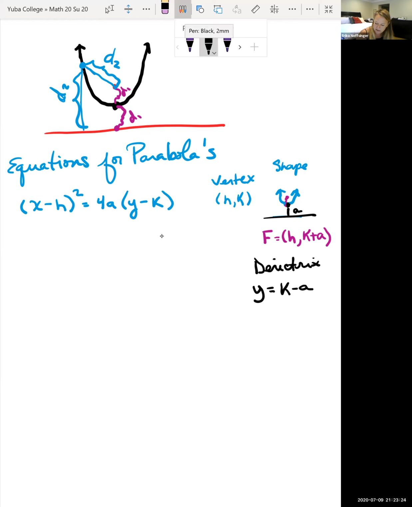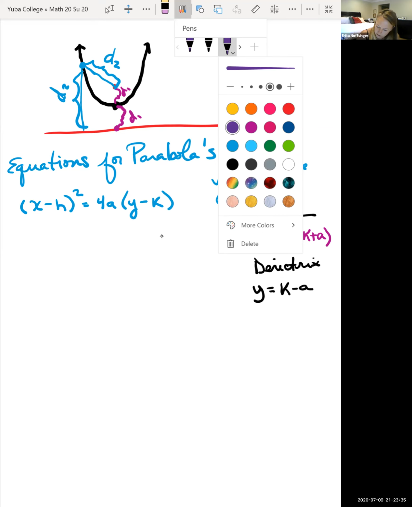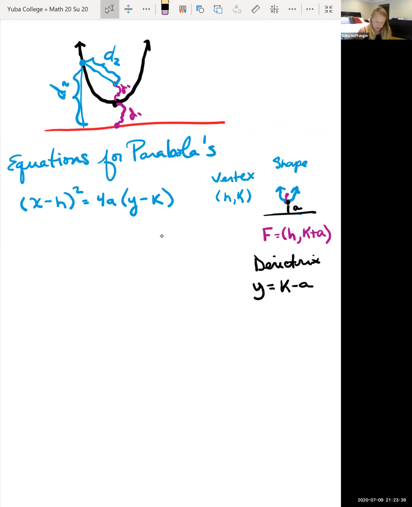Okay, so let's look at a different equation. If your equation was in the form of x minus h, quantity squared is equal to -4 times A, all times y minus k.